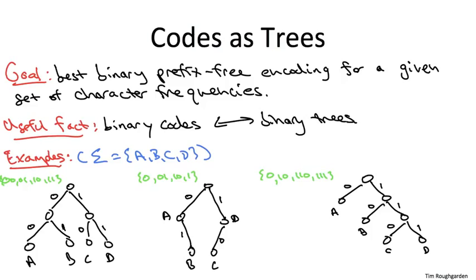The sequence of bits from the root to a leaf coincides with the proposed encoding for it. So for example, if we look at the leaf labeled C, because you traverse a right child, another right child, and then a left child to get to it, that's the sequence 1, 1, 0, and that is precisely the proposed encoding for the symbol C.